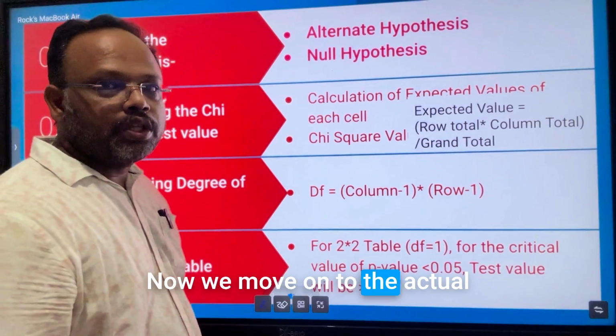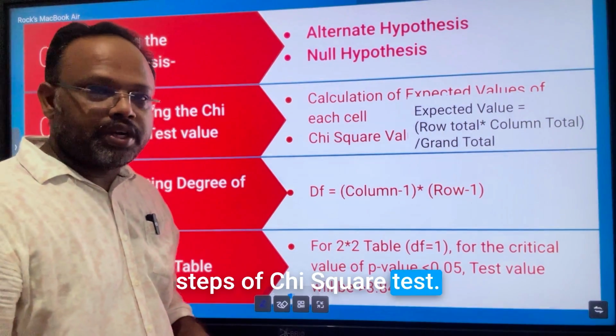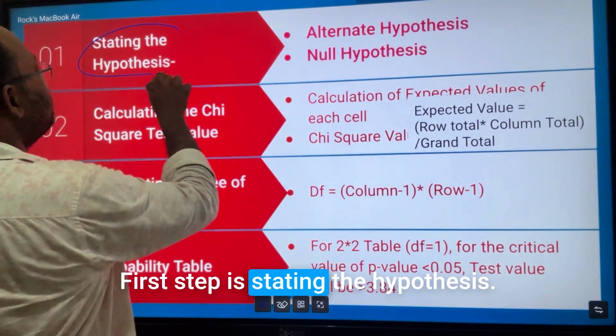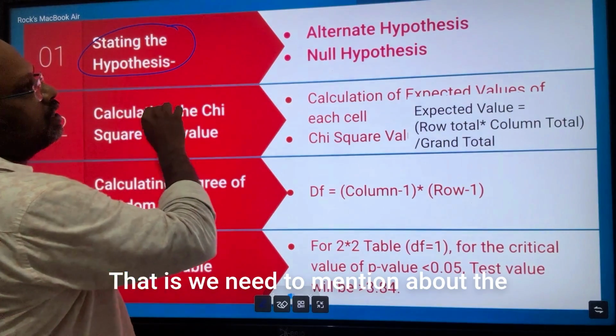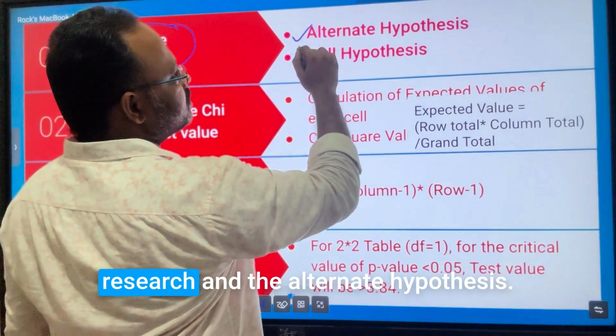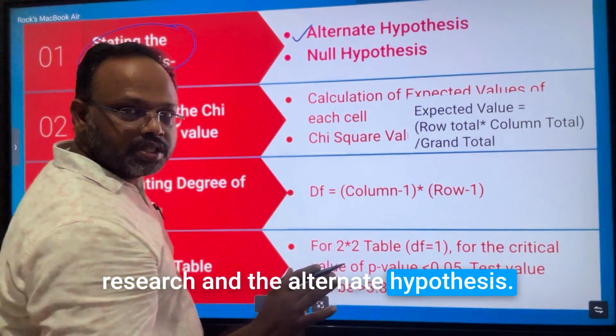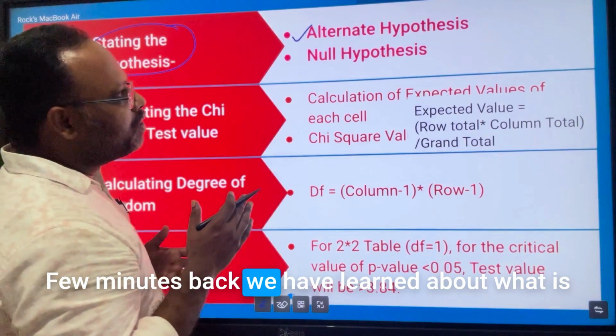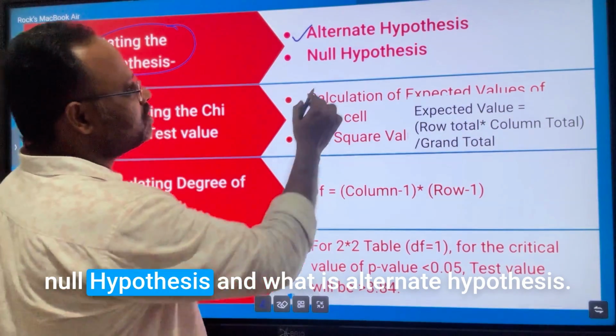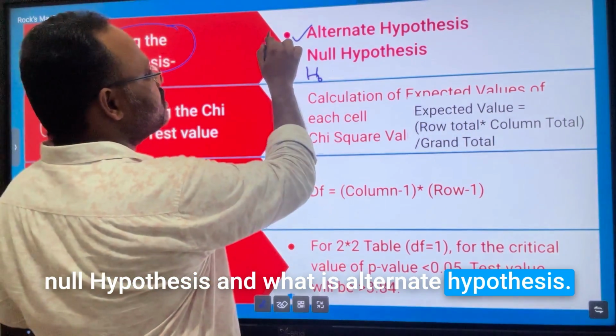Now we move on to the actual steps of chi-square test. First step is stating the hypothesis. That is, we need to mention the research and the null hypothesis. Few minutes back, we have learnt about what is null hypothesis and what is alternate hypothesis.